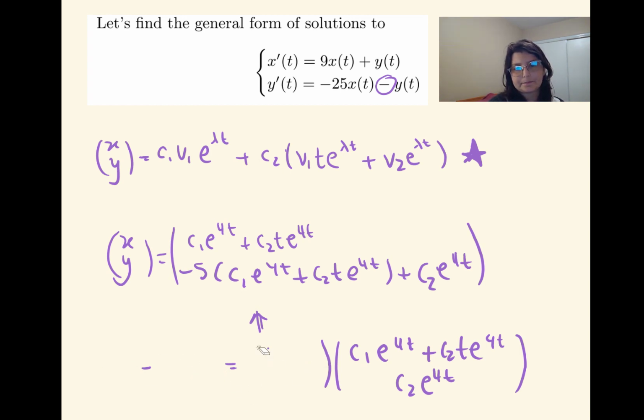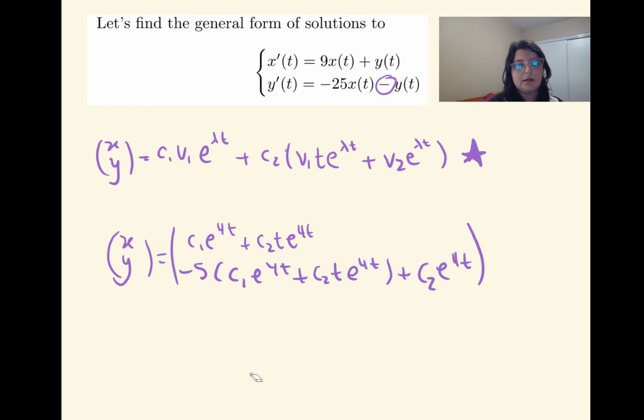And we can rearrange everything so that we can factor the c1 out. We have e to the 4t from the first component.